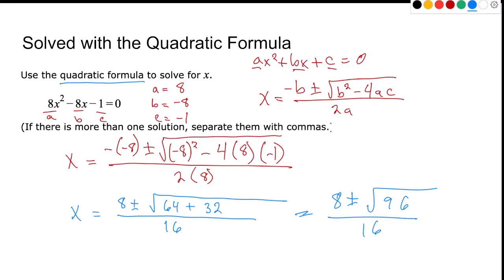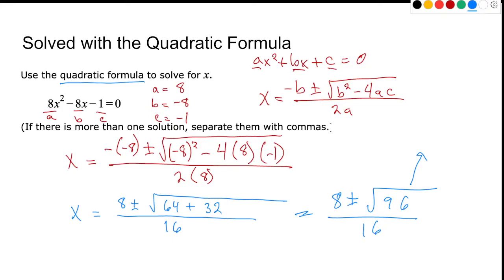Now we might think we're done, but what we have to do is simplify this square root.